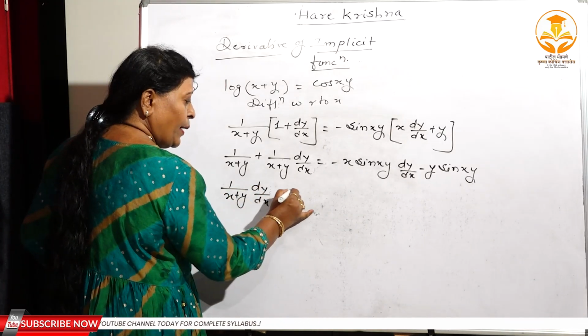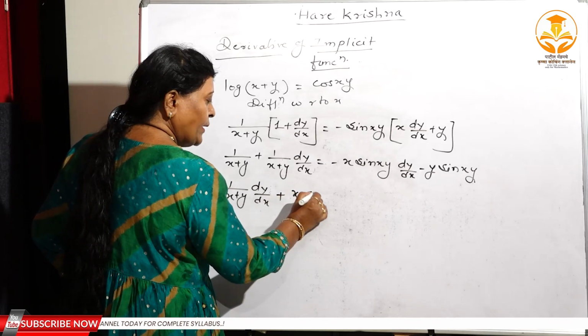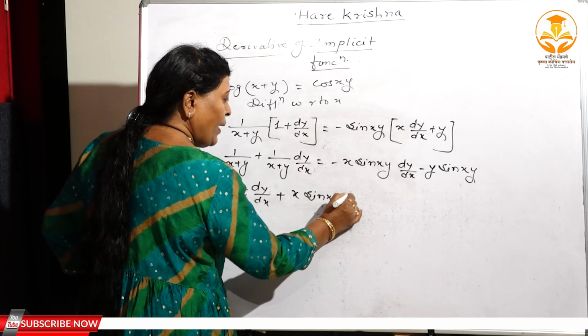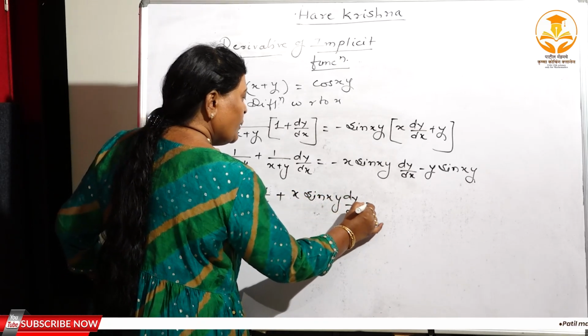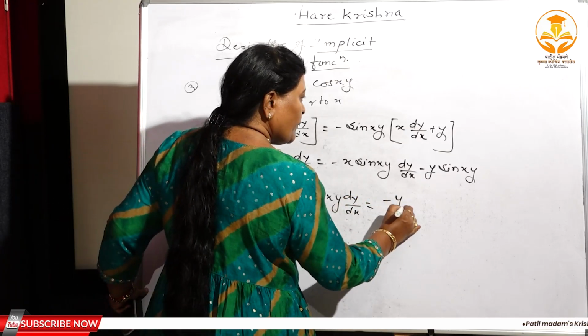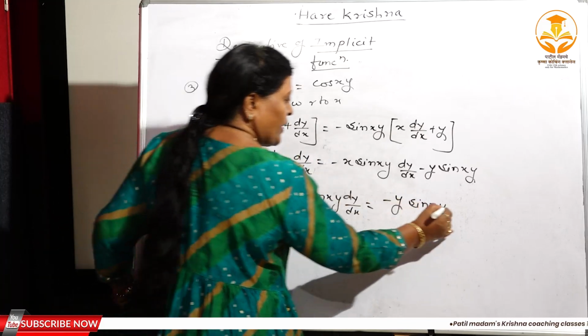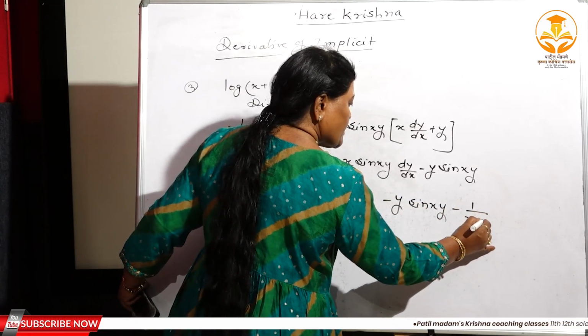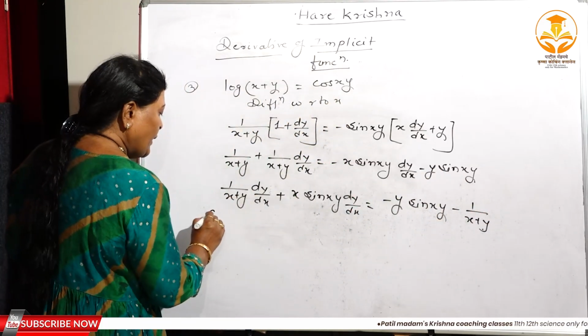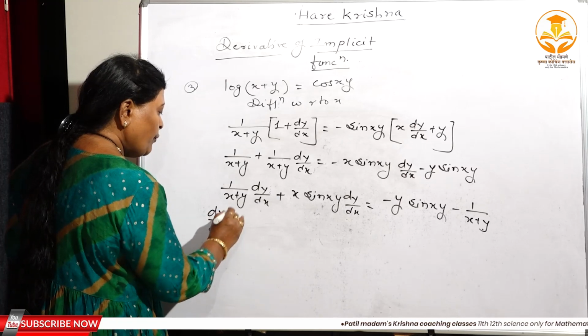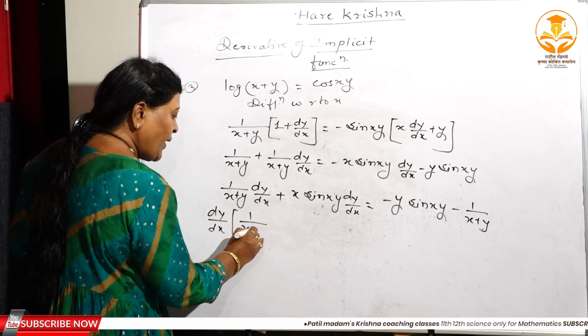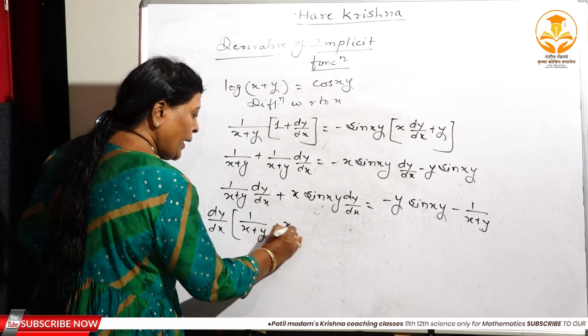Take the terms of dy by dx, that is x sin xy dy by dx. Now this is minus y sin xy, and this term you can transfer here, that is minus 1 upon x plus y. Right? Now you can take dy by dx common. What remains? 1 upon x plus y plus x sin xy.